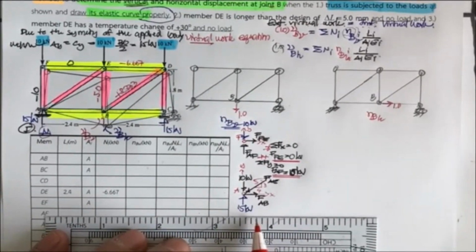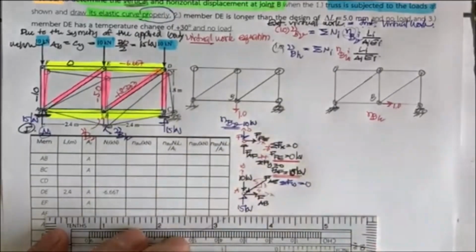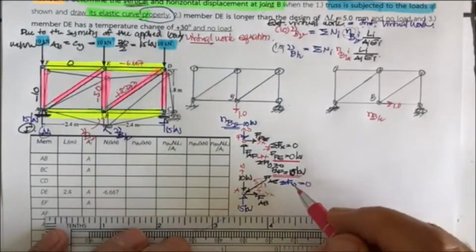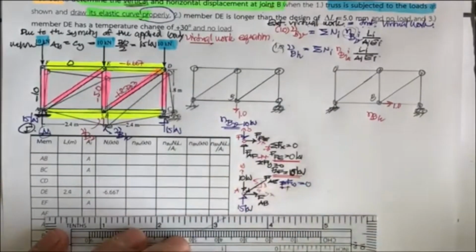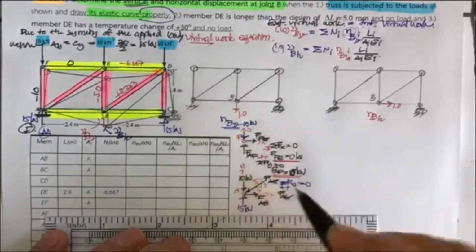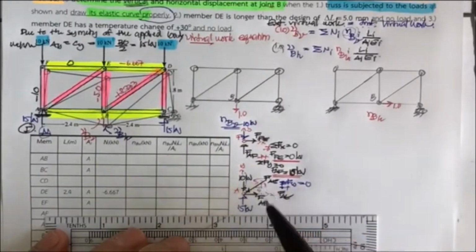Which equation is going to be the first one you're going to use, summation of F sub Y or summation of F sub X? If you use the summation of F sub X, you're going to get two unknowns and you cannot solve it. So we start with the summation of F sub Y equal to 0, to take this one as the unknown. The downward is positive. So you have F sub AE in the vertical direction, times 3 divided by 5.